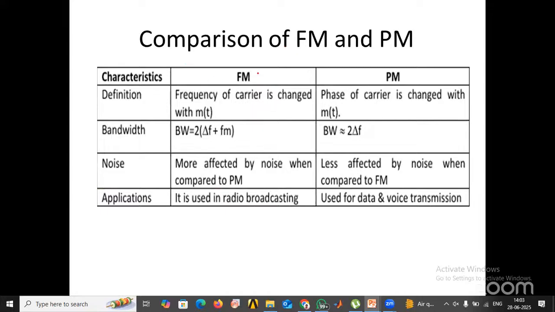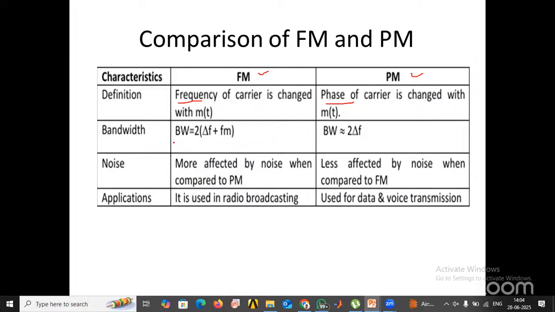So, the basic comparison between FM and PM. The definition itself is the first difference: in FM, the frequency of the carrier is going to be changed; in PM, the phase of the carrier is going to be varied.